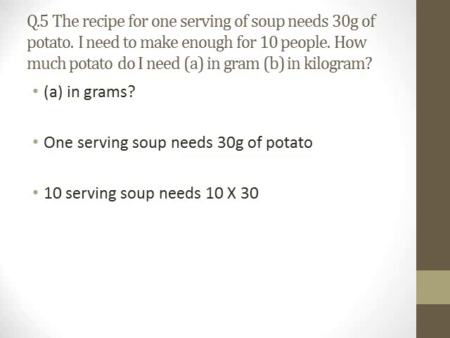And I also discussed how to multiply by 10, 100 or 1000 or any number which has zeros. In 10 there is 1 zero and in 30 there is 1 zero, so I'm sure the answer is going to have 2 zeros.